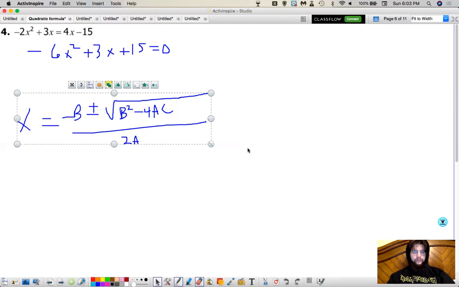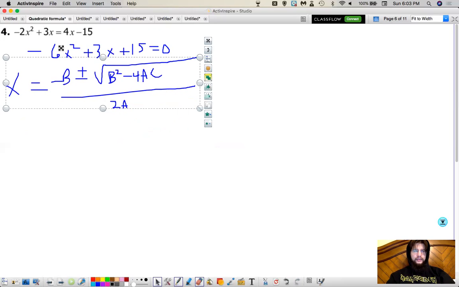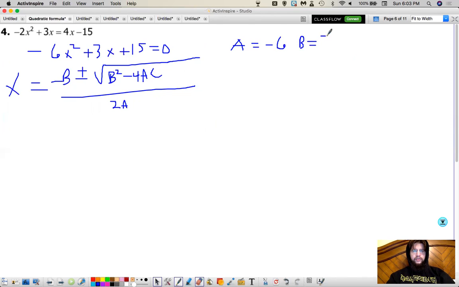I know my quadratic formula, so I'm going to just copy and paste it next time. A is negative 6, B is 3, C is 15.